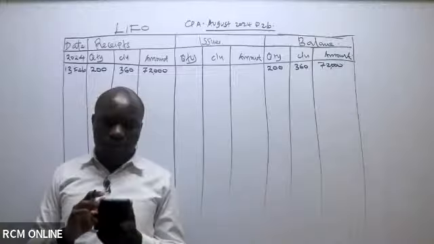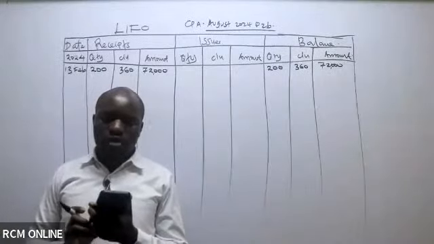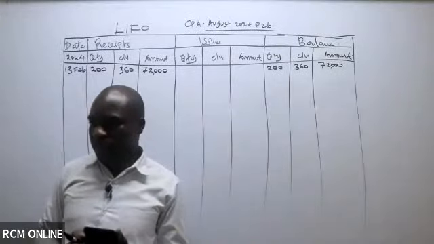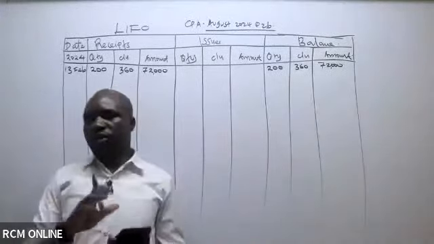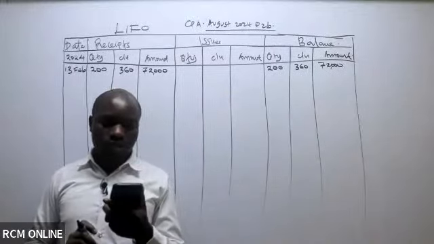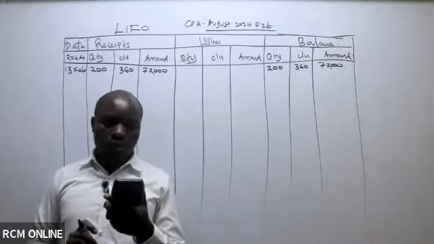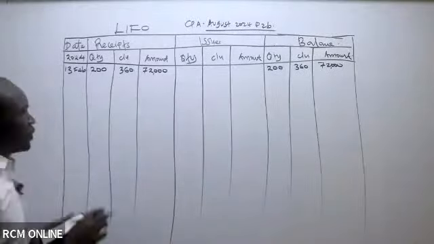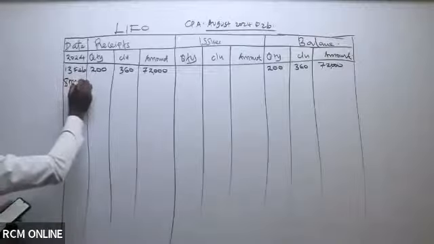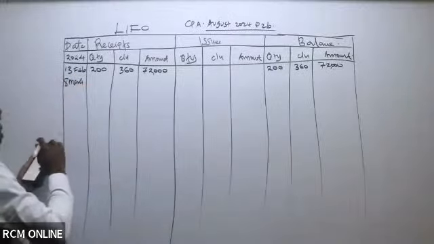From 13th of February, what is the next date? Between 10th of March and 8th of March, which one comes first? 8th of March. What happened on 8th? They purchased, right? So we have 8th March.